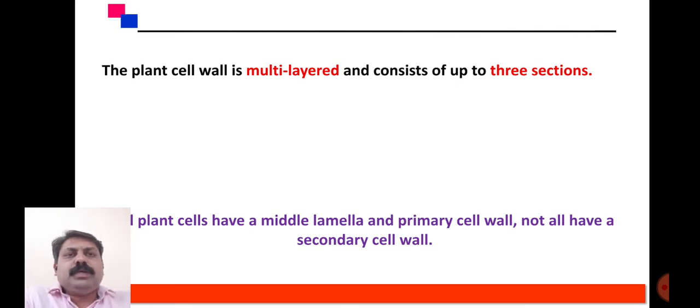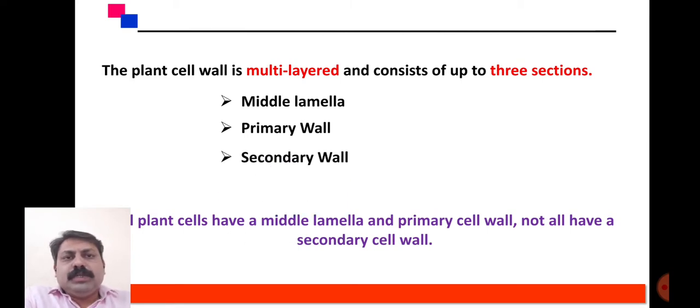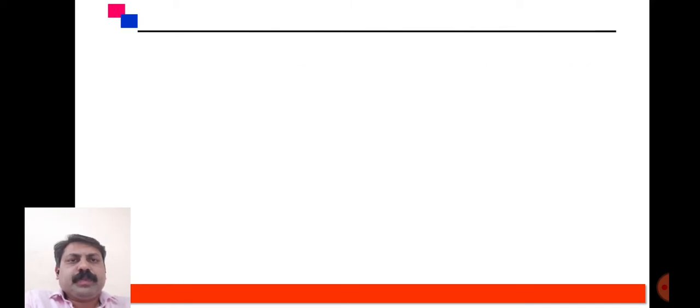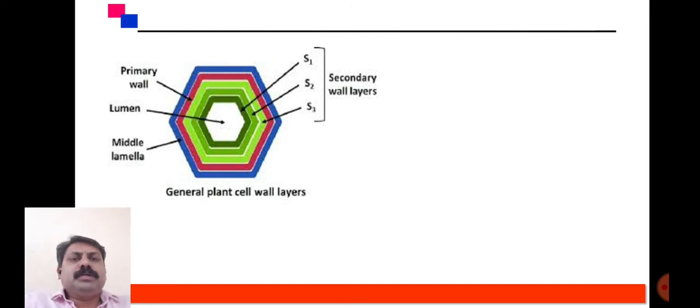Now this cell wall is multi-layered and it has three important components: middle lamella, primary wall and secondary wall. In plant cells it has a distinct middle lamella and primary cell wall and a not well developed secondary cell wall. Now this is the structure of the cell wall.